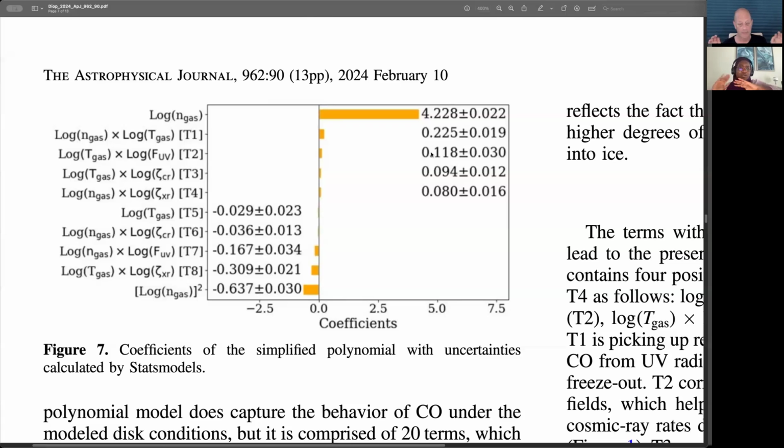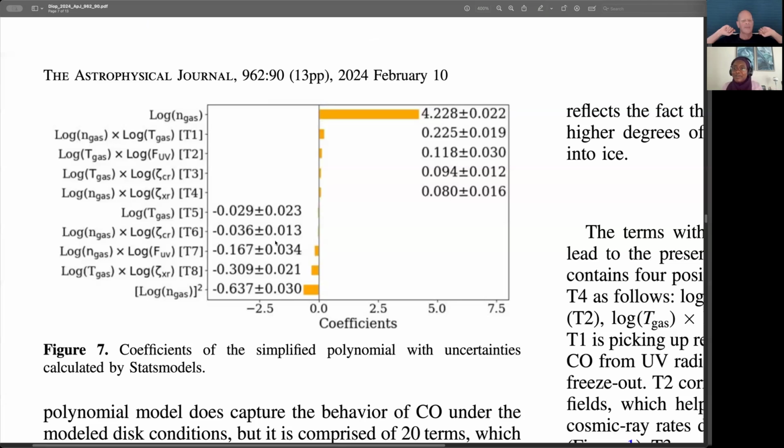Whereas if you go to the negative side, you have N gas multiplied by cosmic ray, that's T6. That term shows that gas density and cosmic rays contribute to reducing CO abundance in some way. This reflects a pathway where cosmic rays can ionize helium, and that can destroy CO and form something like C2H or CH4.